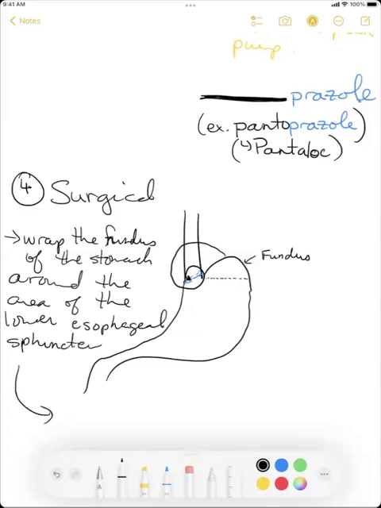This procedure is referred to as a fundoplication. So it's going to tack the fundus around the esophagus to just increase the tone. It secures it around the esophagus.